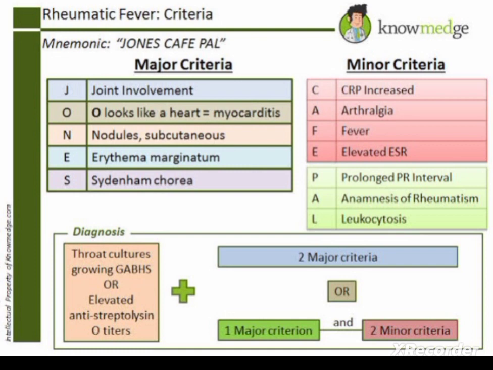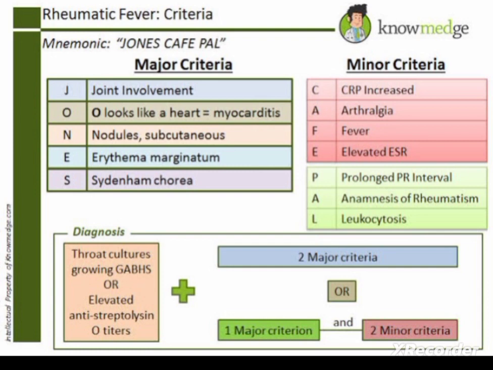So in rheumatic fever, the larger joints, mostly knees, ankles, elbows, wrist, will be affected. So it may be mono or polyarthritis.